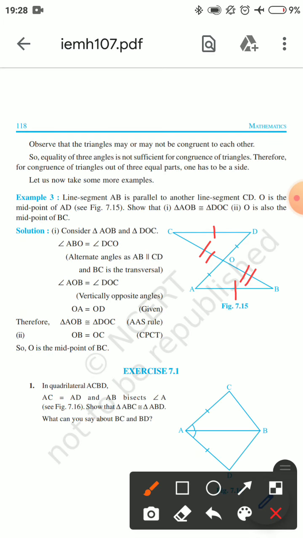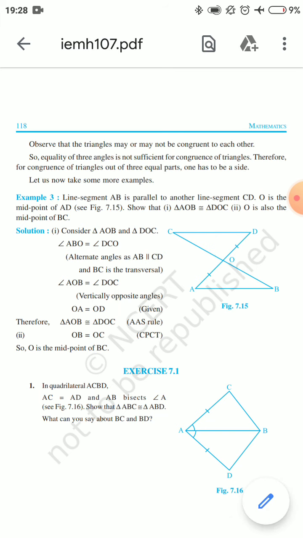Because of CPCT, right? So the second part which we have to prove was that O is also the midpoint of BC. For O to be the midpoint of BC, OB should be equal to OC, that we have just proved here, that OB is equal to OC by CPCT. So in this manner you can solve these questions.